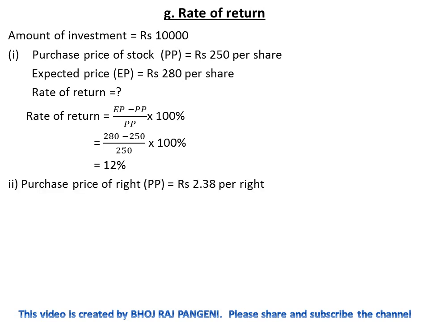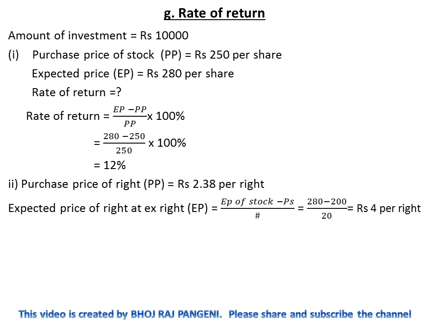And now the second option is not to invest in the stock but to invest in the right of that company. Now the purchase price of right, PP, equals 2.38 per right, the value of right. If Mr. Deepak Dhakal purchases a right at rupees 2.38 per right, the expected ex-right price, EP of right, equals EP of stock minus PS, that is the expected price of stock 280 per share minus PS equal to 200, divided by 20.